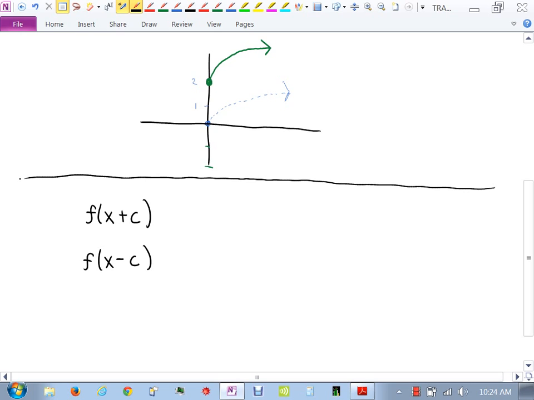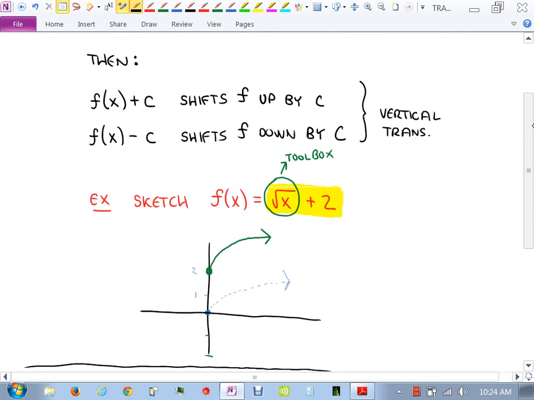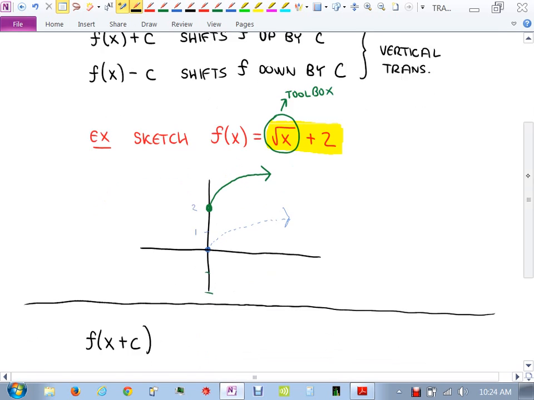That's extremely important. What that tells you is that the number you're adding is right there next to the x, inside the function, not on the outside. Like over here, that c is outside the function. Like when we had the square root of x, plus 2 was outside the square root, wasn't it? So I'm going to do the comparison here.